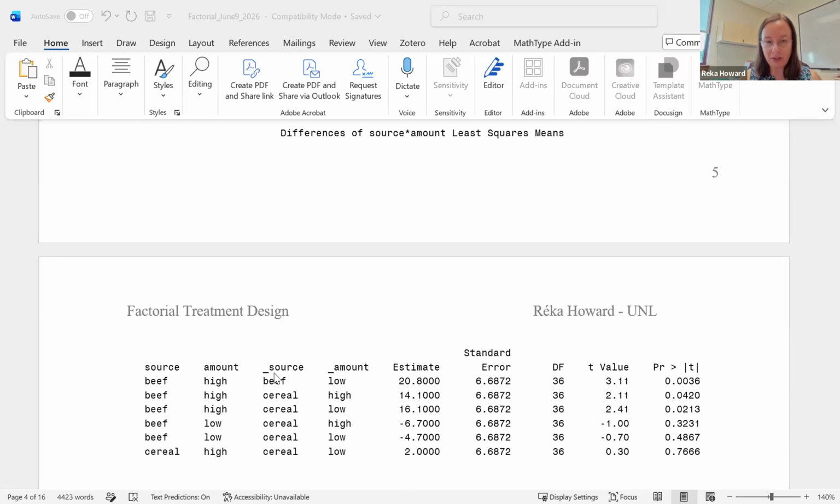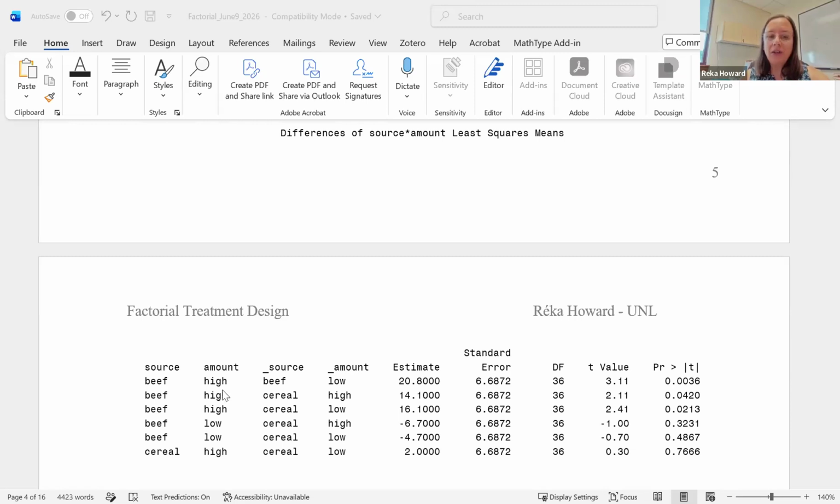So this is a weird output, but this underscore means that I am looking at the beef high minus the beef low. So what I'm doing here, I am comparing the high and the low amounts at the beef source, and the estimate will be 20.8, and the p-value associated with it is significant. So this difference is significant.